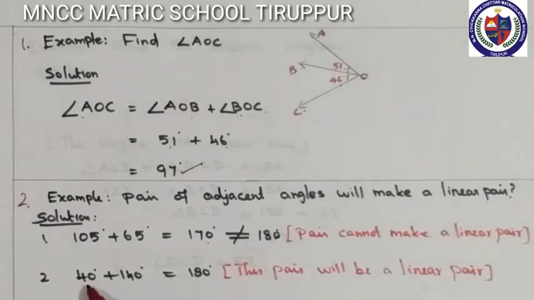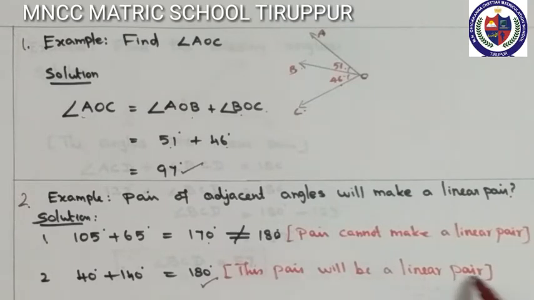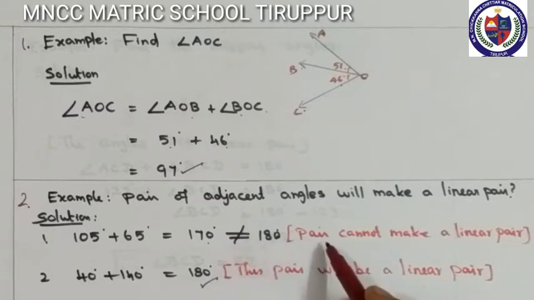If the sum is 180 degree, the pair will be a linear pair.